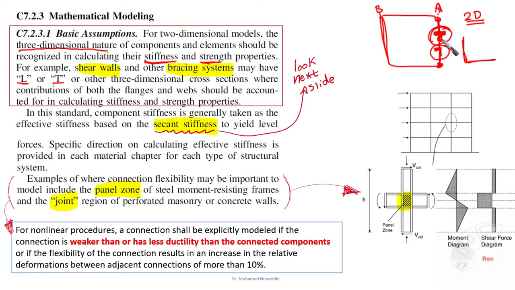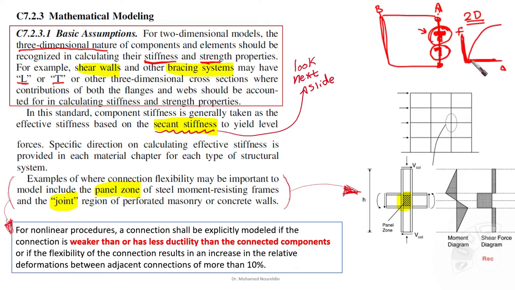So whenever you model it, you need to model these parts with the inclusion of their 3D effect. How can we put this 3D effect into our 2D model? It is based on having the force deformation relation of this element, which is T or L shape or any other three-dimensional cross-section.